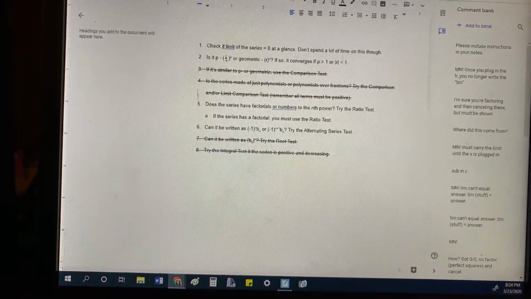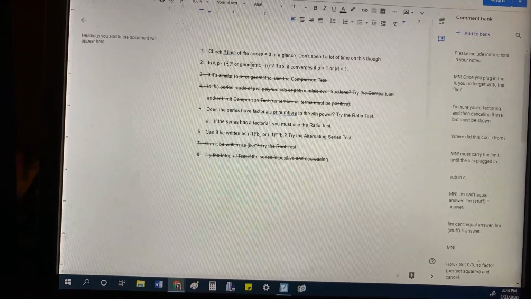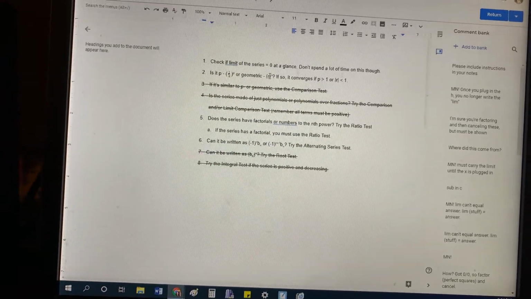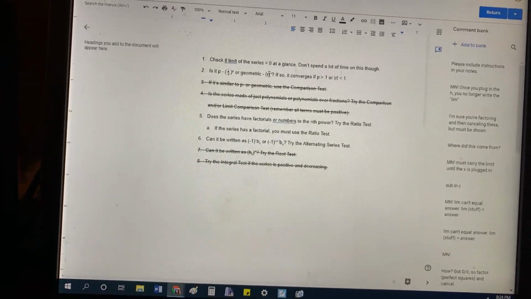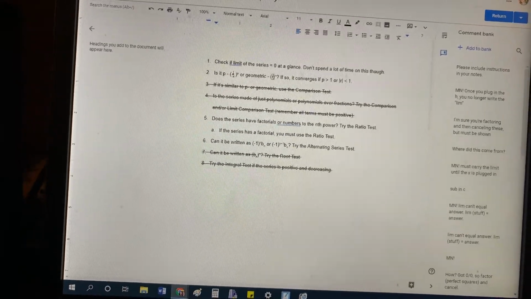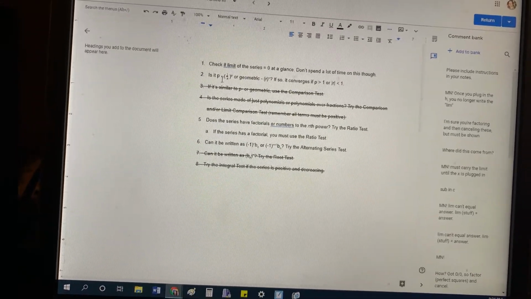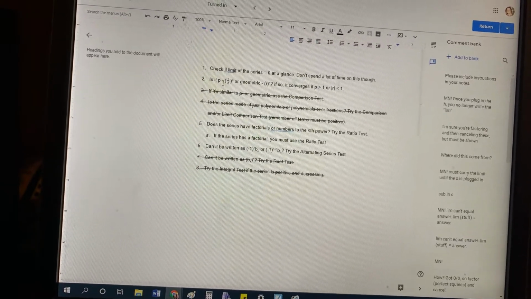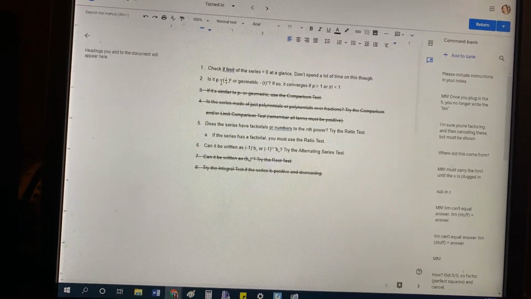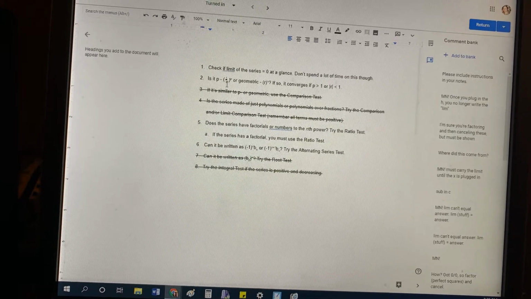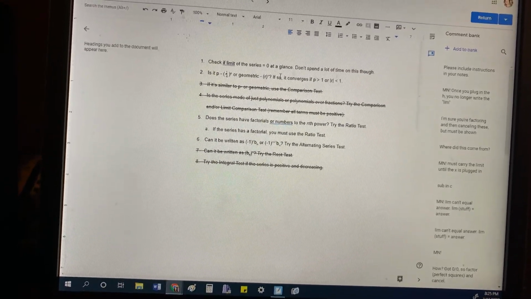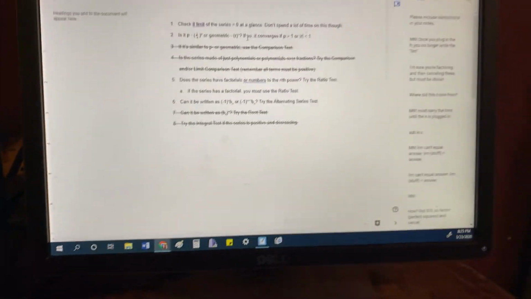So if you look at these, just do this at a glance. Does it go to 0? We've already found out that n factorial is way faster than anything else, so yes, the limit goes to 0. Next, is it a p series or geometric? That means is it a denominator raised to a p, or a number raised to an exponent?